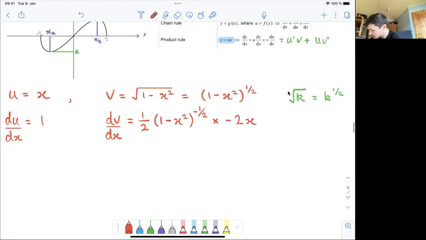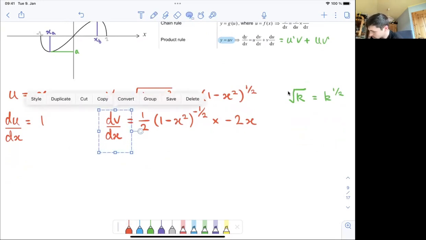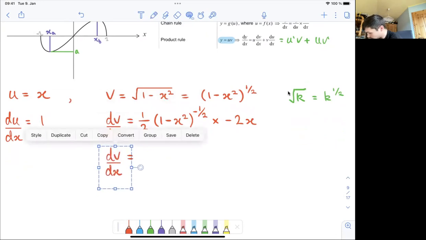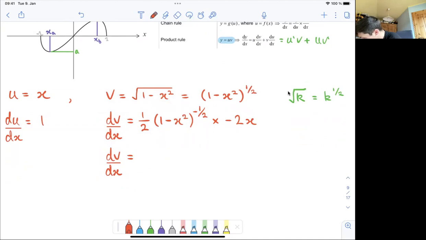Now we can clean this up a bit and put it back into surd form, which will help us later on. So this is equal to 1 over 2 multiplied by the square root of 1 minus x squared.